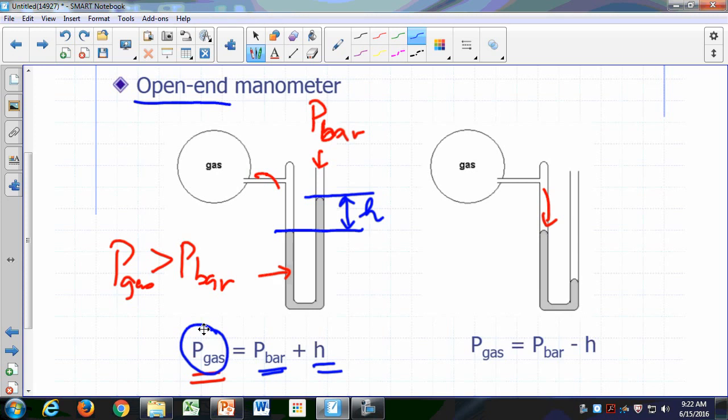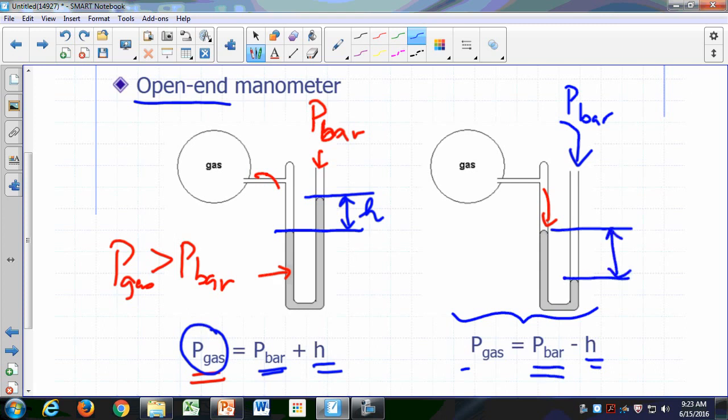Now on the other side, in this scenario over here, which one is pushing harder, the air outside or the gas? The air outside. So you have to subtract H from the barometric pressure to get the pressure of the gas. In this one right here, the difference in these two levels is H.